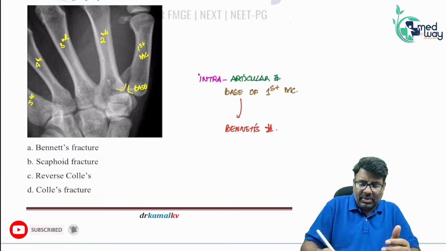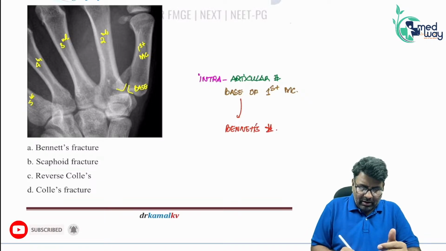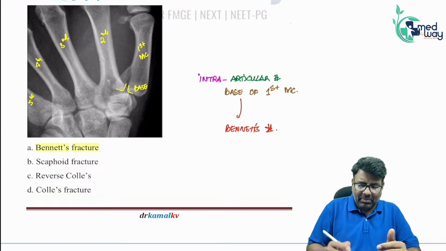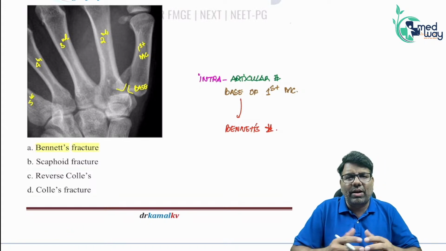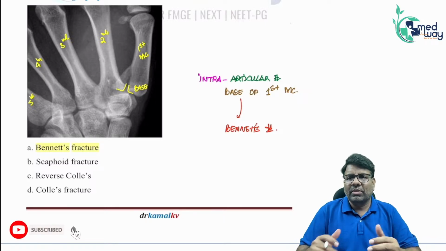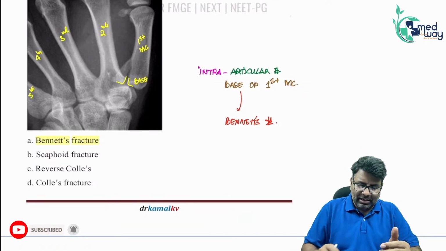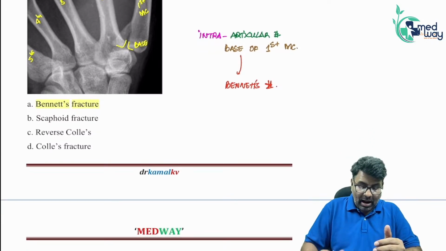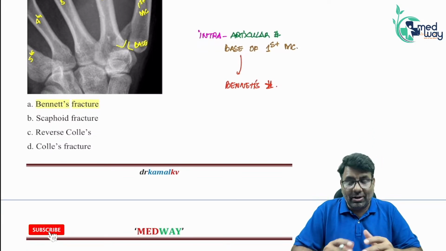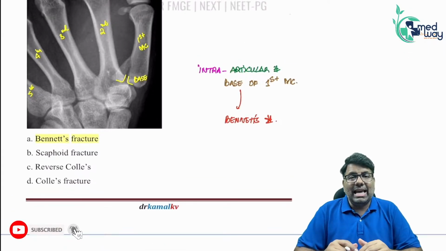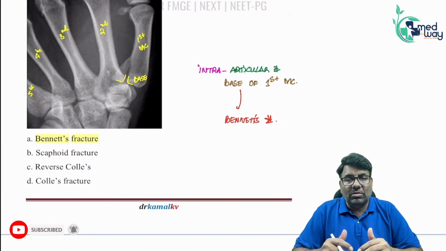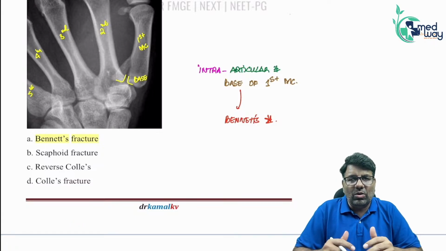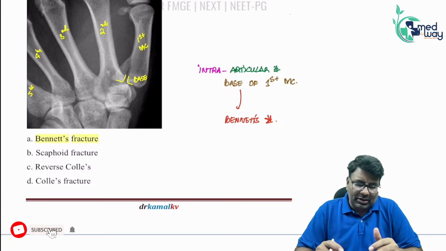This is Bennett's fracture dislocation, and the fragment is usually displaced because of the pull of abductor pollicis longus. So this is classical Bennett's fracture, an intra-articular fracture of the base of the first metacarpal, and it should not be confused with Rolando's fracture, where there is extra-articular extension and comminution, giving rise to the appearance of either a T or Y configuration of the fracture line.